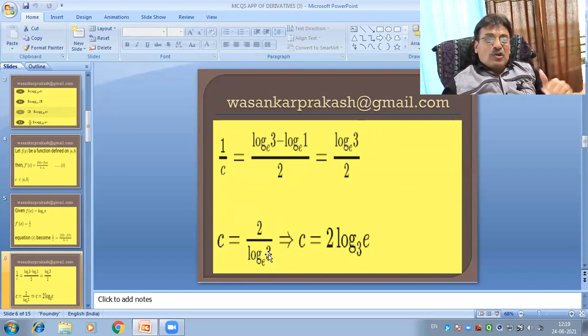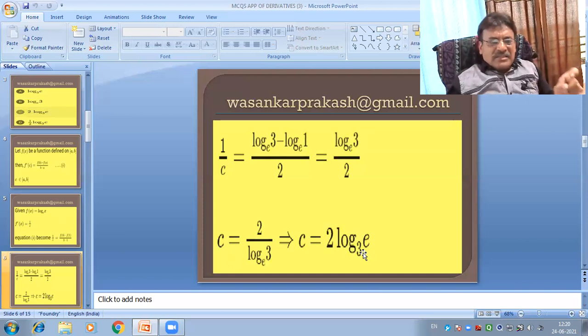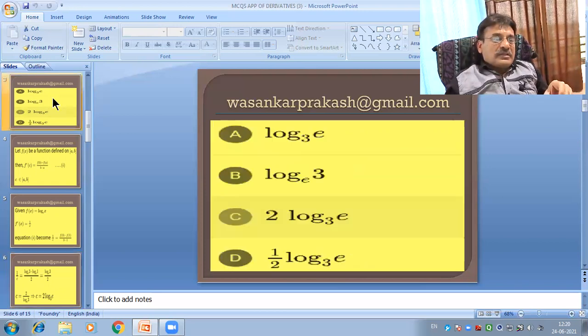Similarly 1 upon log 3 upon log e. Then by taking the reciprocal, log e upon log 3, and this can be written as log e base 3. Therefore the value of c is 2 log e base 3.